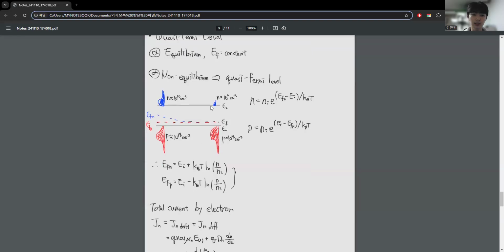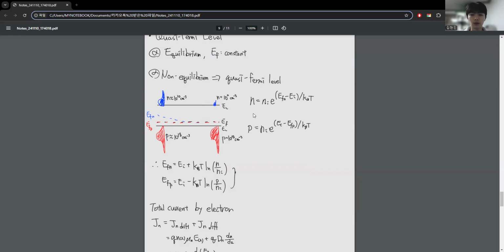This is a non-equilibrium case. The red line is the Fermi level for holes, and the blue line is the Fermi level for electrons.